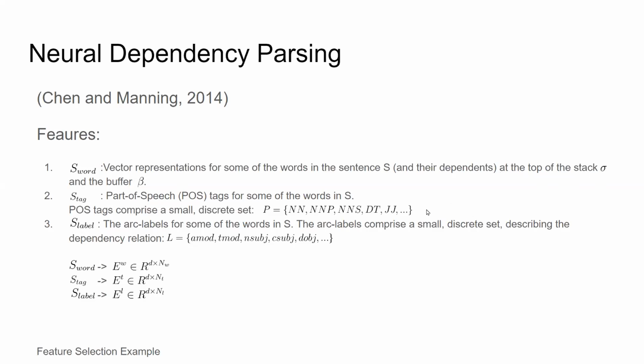The S tags, the POS tags, comprise a small discrete set, which has, I think, single noun. I don't know about this one. This one's plural noun, and it's something else. And the arc labels also comprise a small discrete set, which is this one, adjective modifier.